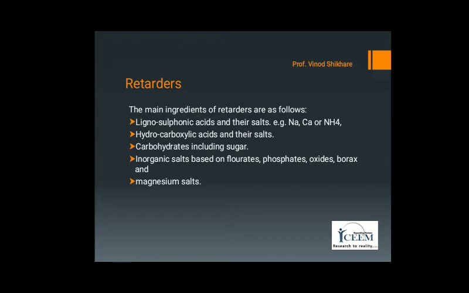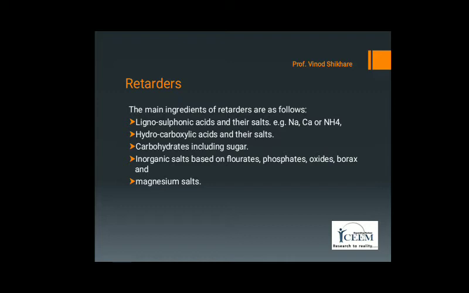ASTM Type D. ASTM is American Society for Testing Materials. Type D is retarding plasticizers and ASTM Type G is retarding superplasticizers. In the commercial formulation, we have also retarding and slump retaining versions.